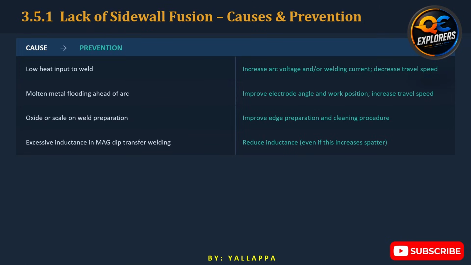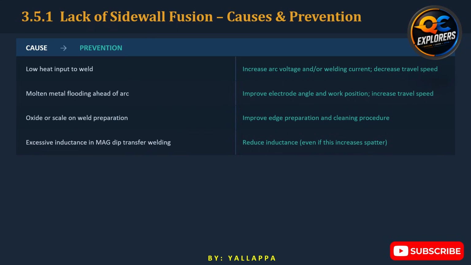The central principle for preventing sidewall lack of fusion is simple. The arc must provide sufficient heat at the fusion face. If the arc is directed toward the center of the groove instead of the sidewall, the required fusion may not occur. Low heat input can also contribute. Increasing welding current or voltage or reducing travel speed within the qualified procedure range can increase the available heat.